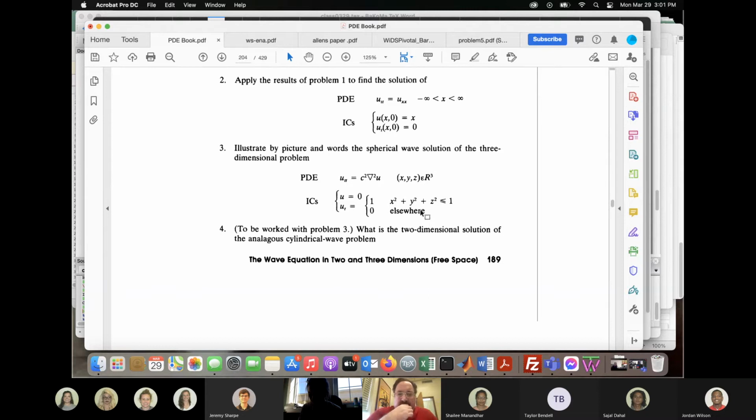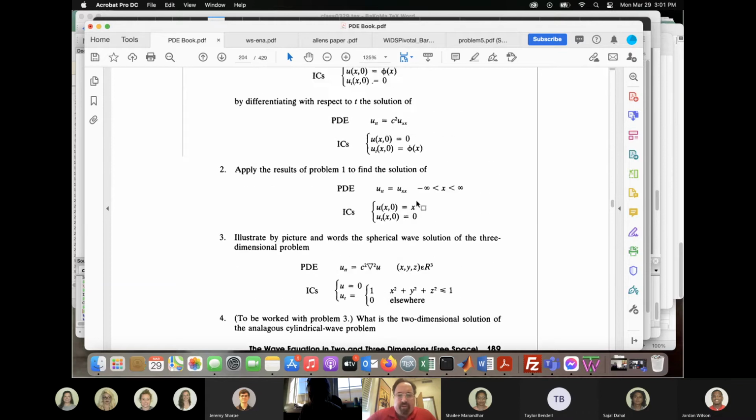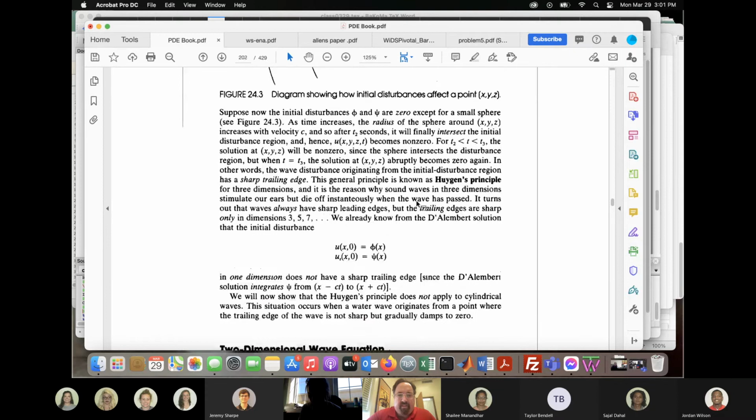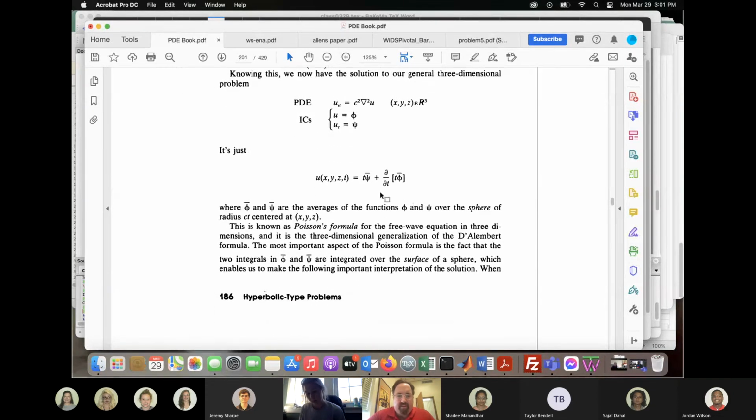Based on Kirchhoff's formula for the 3D wave equation, this is what we have here in the 3D case. It's going to be equal to t times the average value of this initial data over a sphere that's centered at a point x, y, z, and a radius is ct, where c comes from here.